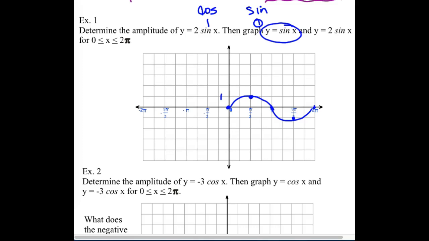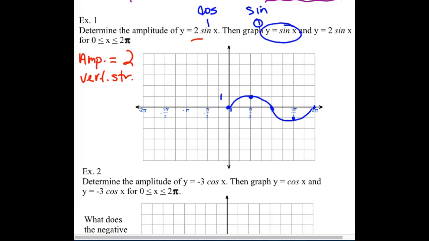Okay? So what is our amplitude if there's a 2 in front? Amplitude is just the positive version of that number, right? Absolute value of 2 is 2. So that means I'm going to have a vertical stretch of 2. Well, what happens when I stretch 0?